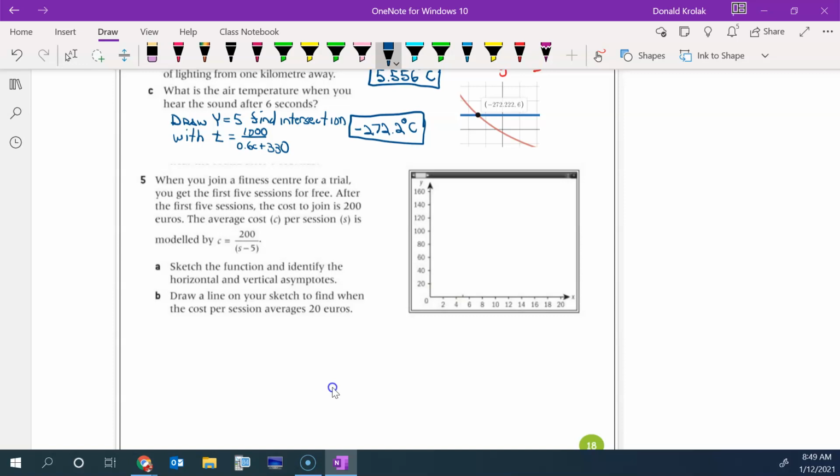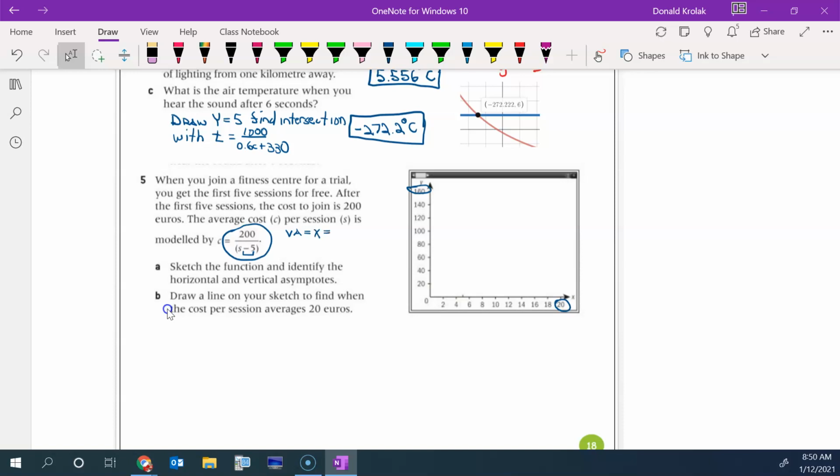Okay, so all I did was type that into Desmos, and then I looked at the picture that was given to me in the problem, and I set it up so that those were my x's and my y's. Okay, so it says sketch the function, identify the vertical and the horizontal asymptotes. Well, just by looking at this, we know that the vertical asymptote is that value right there, but remember, it's bizarro world.